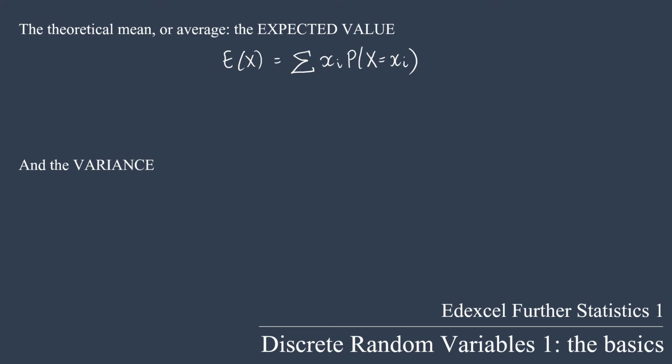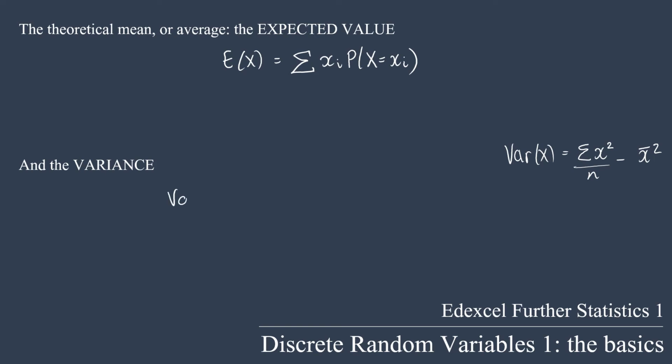We can actually do something similar with the variance, and we should probably just sidebar very slightly and check we remember what a variance is in a normal situation. So for any data, raw or grouped, when we work out the variance, we would do the sum of the values squared over n minus the mean squared. Of course, then you would square root that for standard deviation.